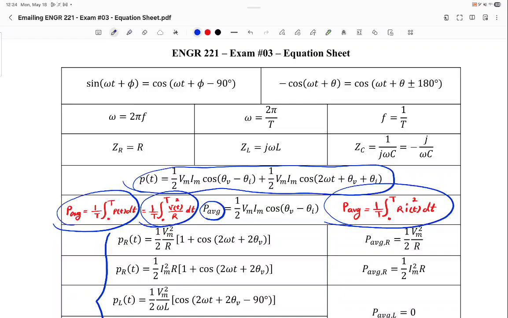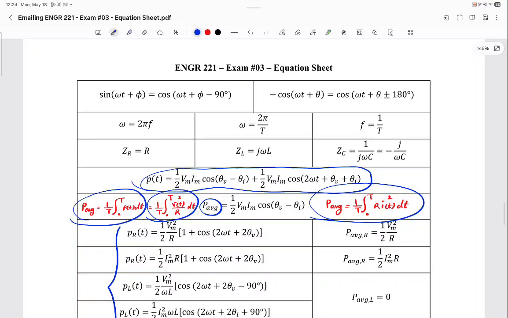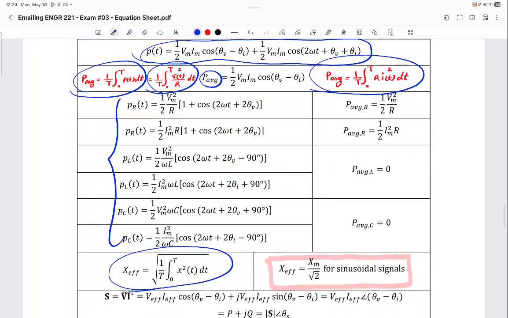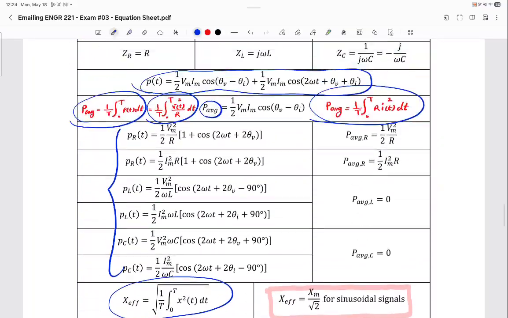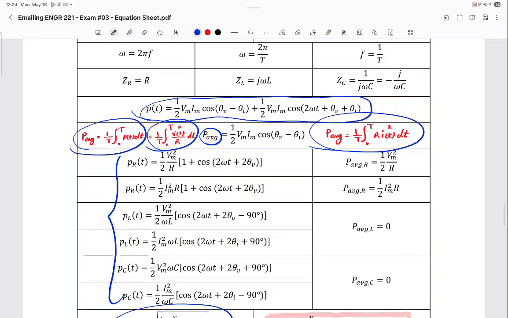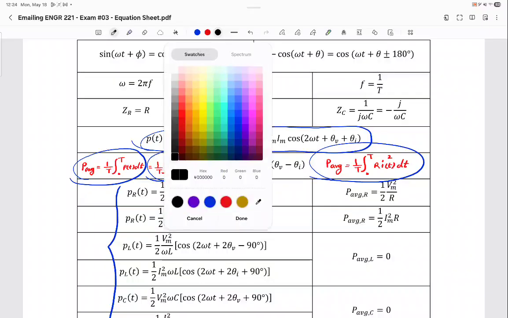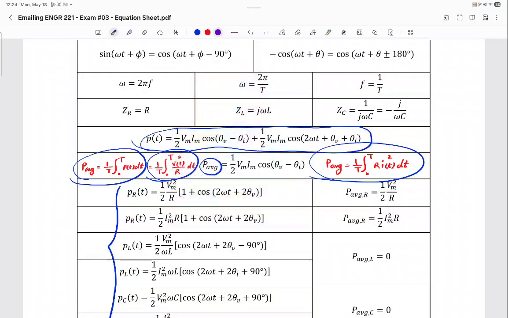This is for the questions where voltage is given to you with one resistor, and you can apply it to that. It doesn't mean that you can't apply it here. Let me write it, okay?